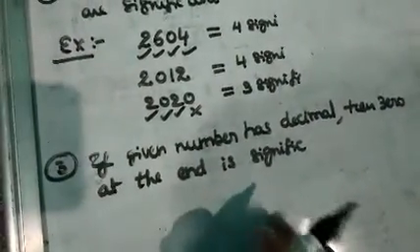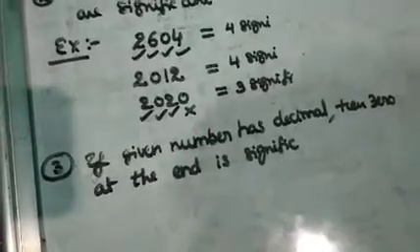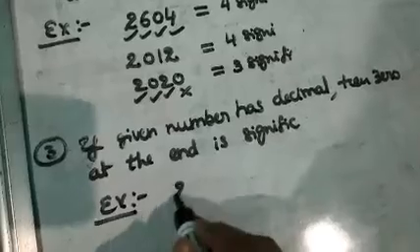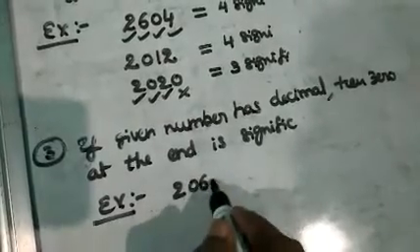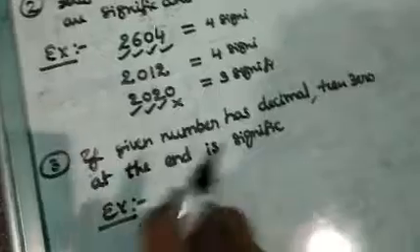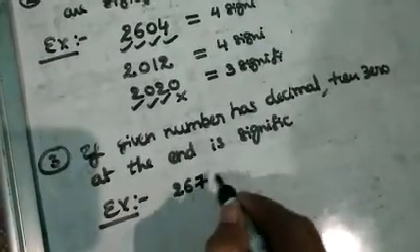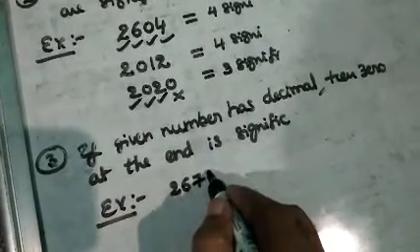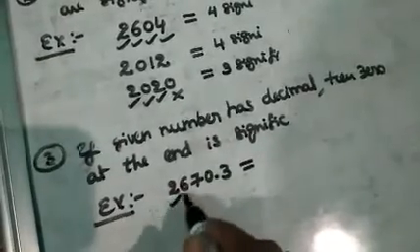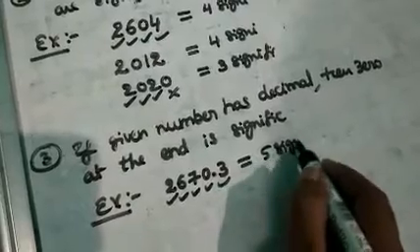You have to understand that the 0 must be countable. So I will tell you an example. 267.03. So check it. 1, 2, 3, 4, 5. 5 significant figures are there.